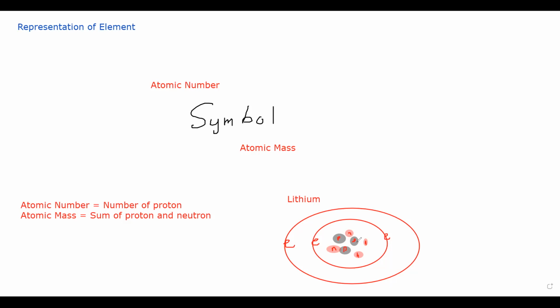The gray shade represents a proton and the pink shade represents the neutron. So there are 3 protons. The number of protons is called the atomic number, so we write 3 at the top. That shows the atomic number of lithium is 3.